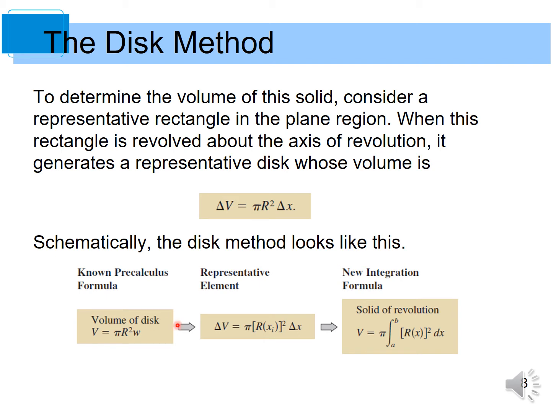The volume of the disk is V equal to pi r squared w, and the representative element is delta V equal to pi r of xi squared times delta x. For the integration formula, the volume of the solid of revolution is pi times the integral of r of x squared with respect to x from a to b.